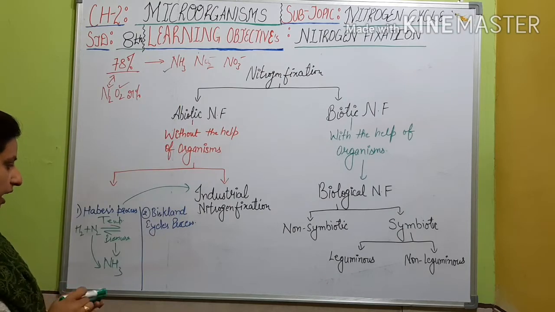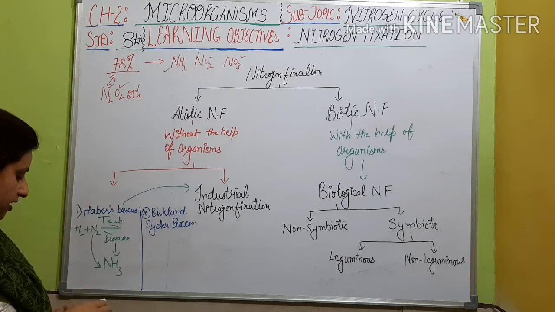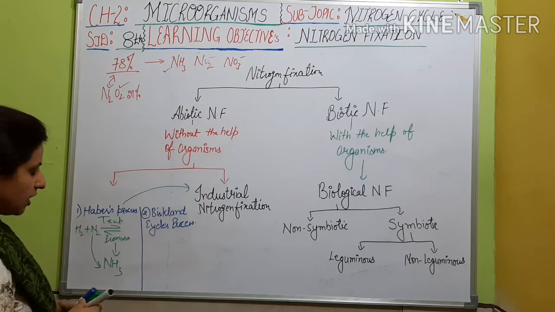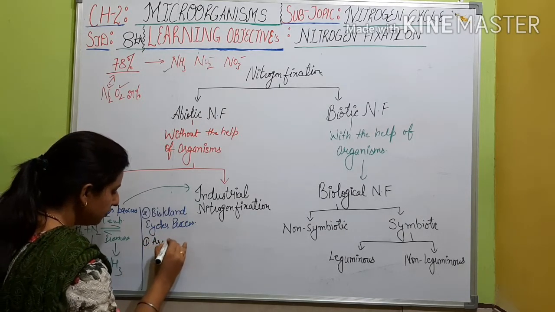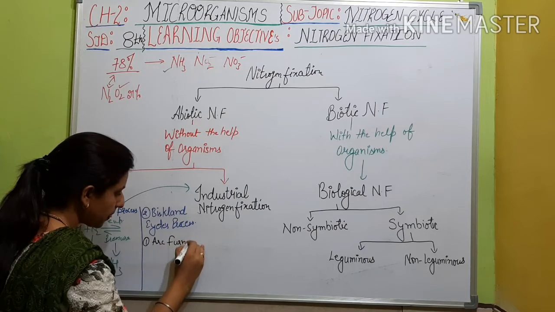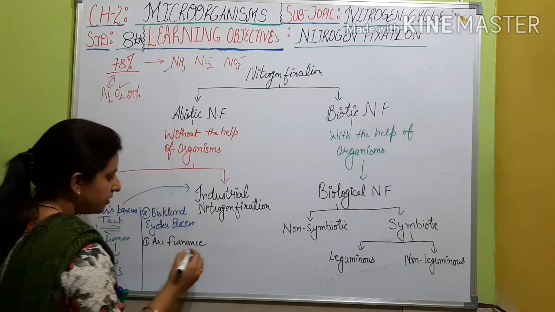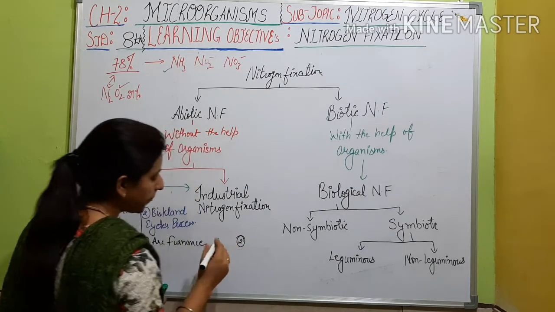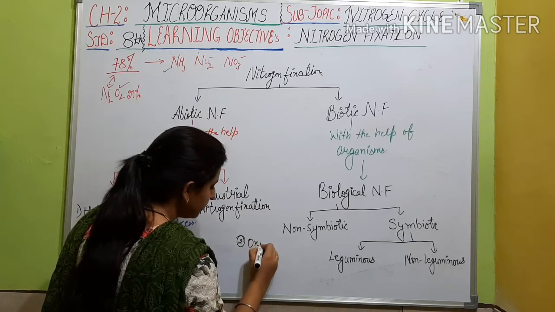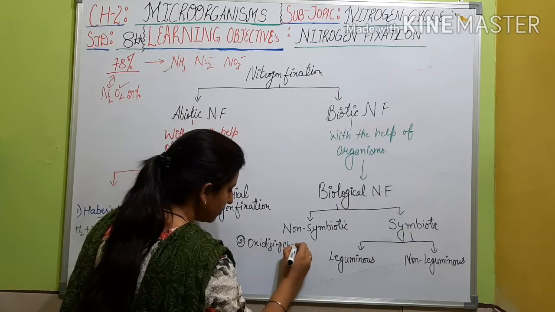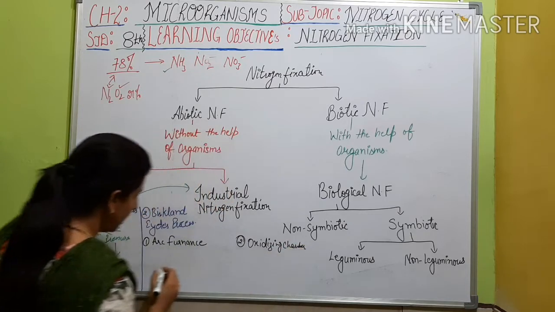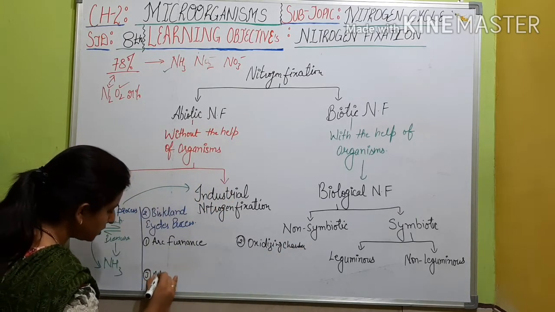In the Birkeland-Eyde process, there are three stages. First is the arc furnace, second one is the oxidizing chamber, and the third one is the absorption chamber.